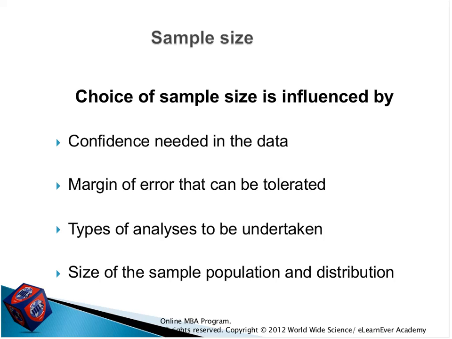So the choice of sample size is influenced by the confidence needed in the data, the margin of error that can be tolerated, the types of analysis to be undertaken, and the size of the sample population and distribution. So these four items can affect your sample size.